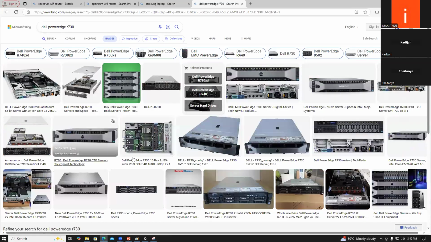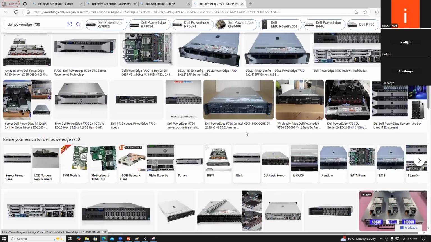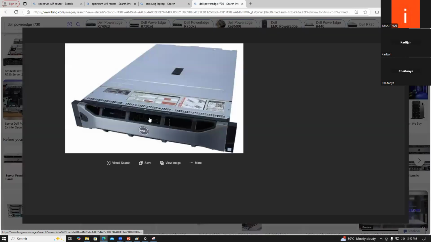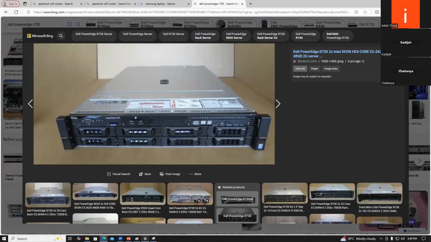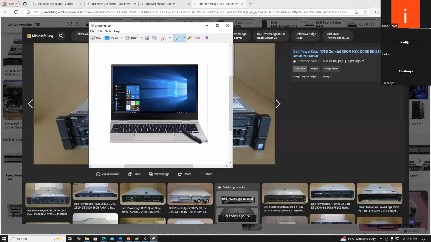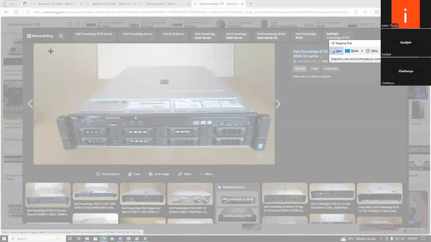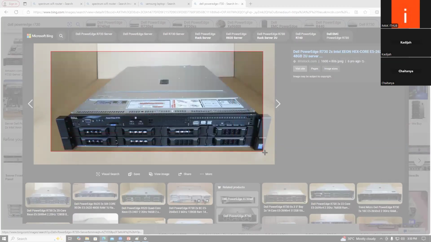So for example, Dell PowerEdge. What is this? So Facebook, YouTube, WhatsApp.